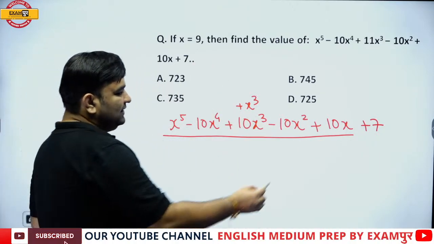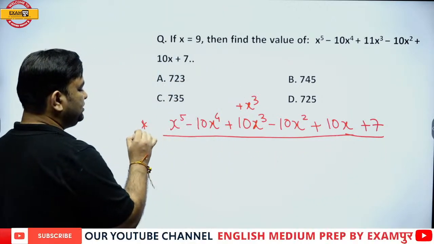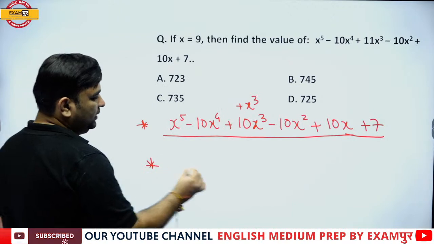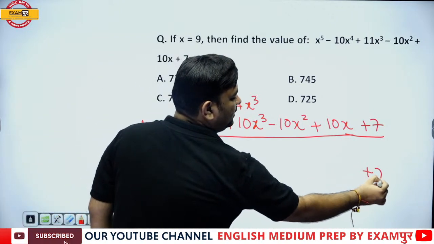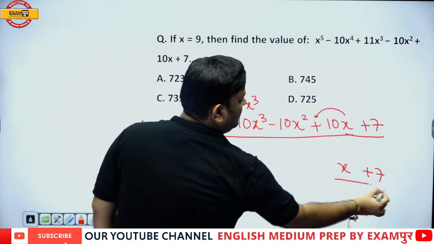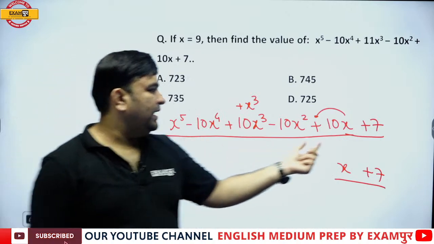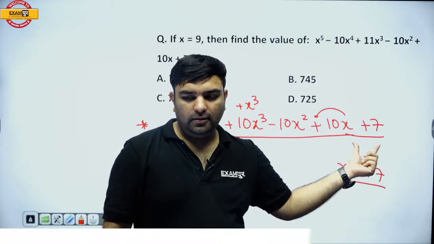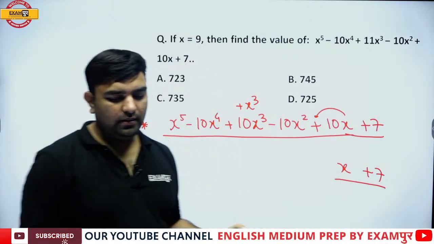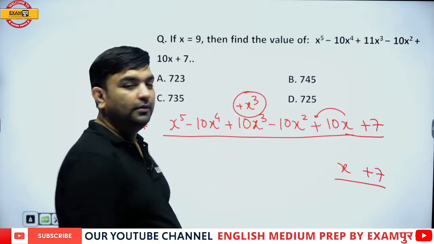So I will say, sir, for this equation, the answer is going to be the constant term plus x with the coefficient x plus 7. For this term, the answer would be x plus 7, and 1 x cube is already remaining.